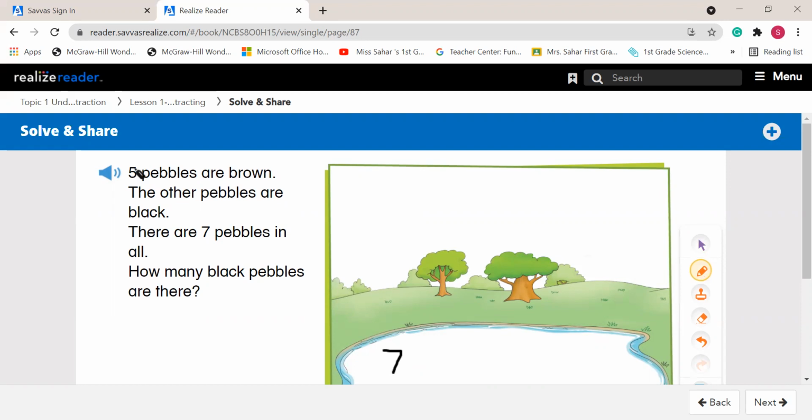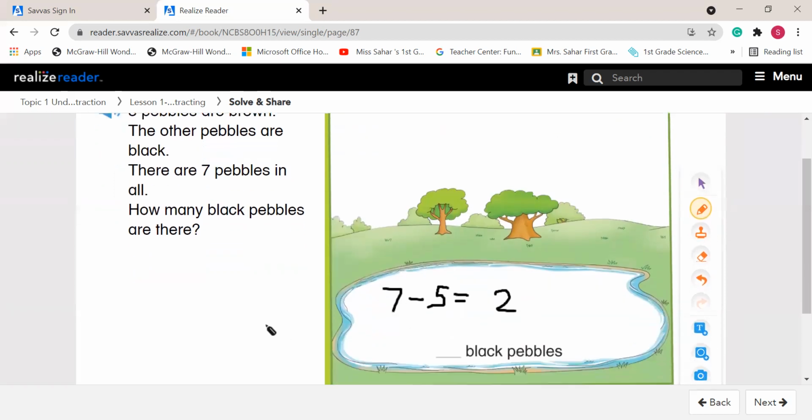And then 5 of the 7 are brown. So that means the difference, or what's left, will be the black pebbles. So 7 take away 5 equals 2. On the other hand, let's see the video and use counters to help me understand.